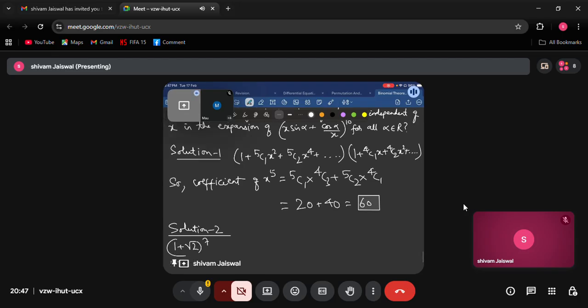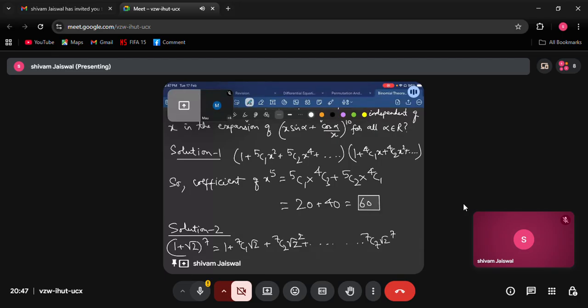Yes, Anandit, right answer. (1 plus root 2) whole to the power 7 will be equal to 7c0, that is 1, plus 7c1 into root 2 to the power 6 plus 7c2 into root 2 to the power 5, plus dot dot, then 7c7 into root 2 to the power 7.